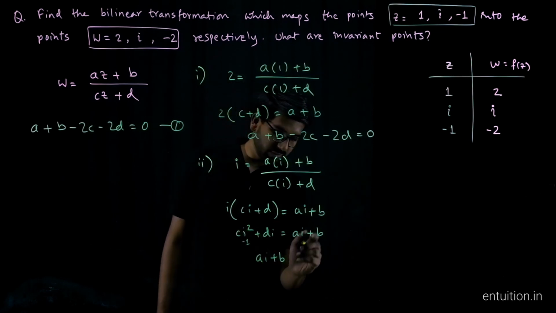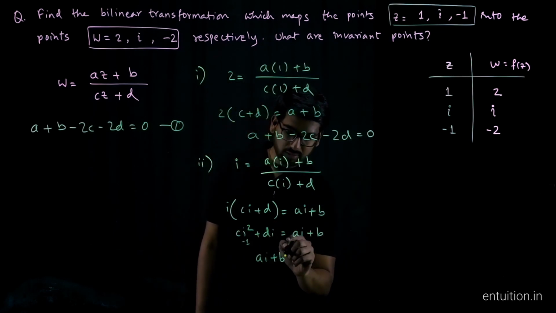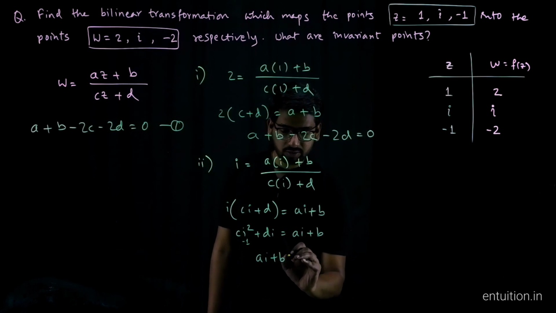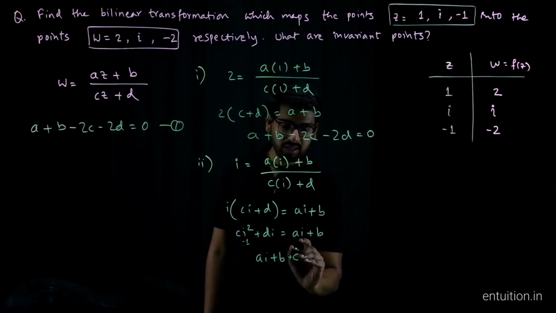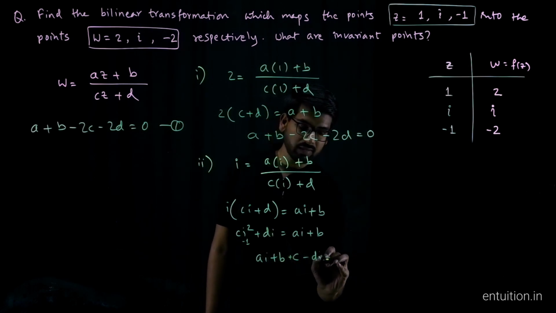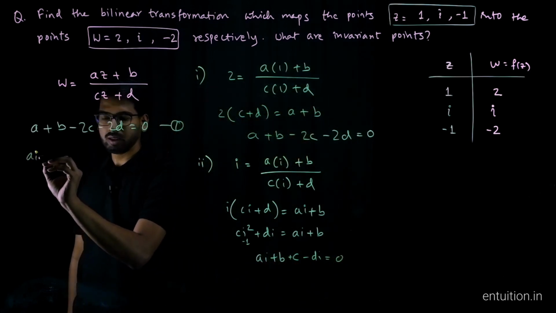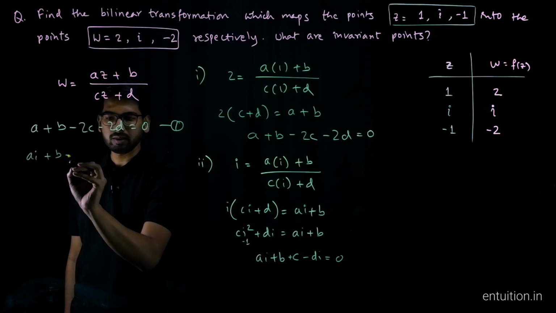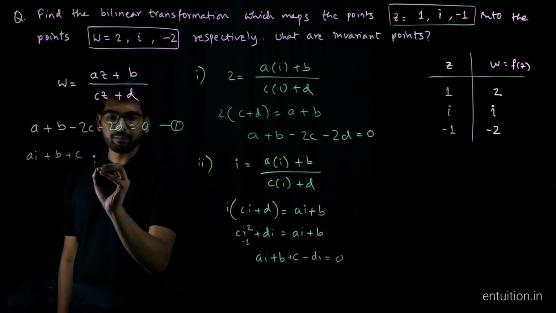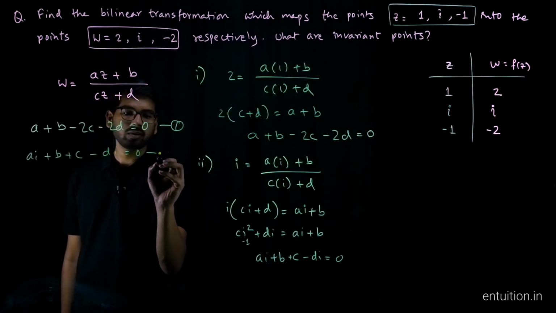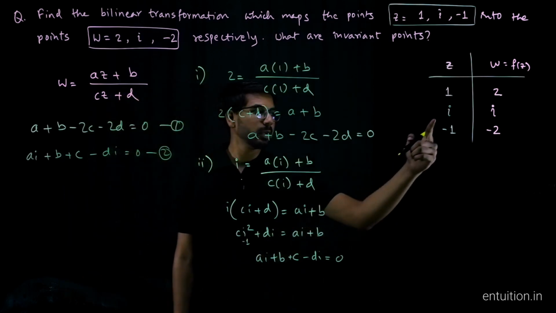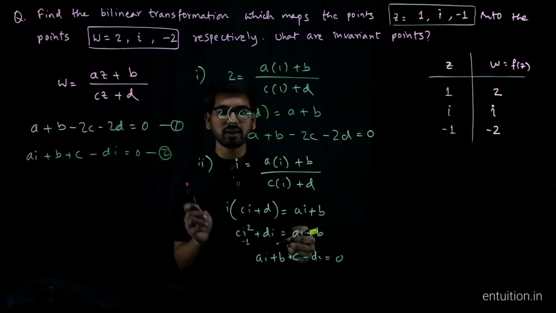So minus c will come to the right side of the equal to sign. We will get plus c, plus di will become minus di is equal to 0. So my second equation is ai plus b plus c minus di is equal to 0. From the second pair of numbers, I got the second equation.